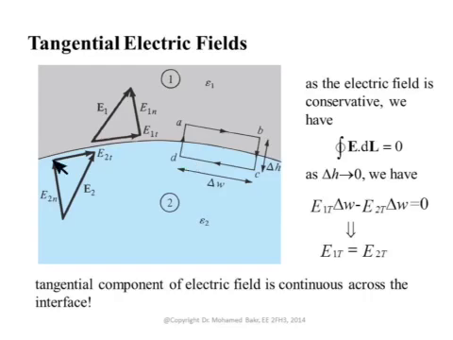But because of the assumed direction of E2 tangential, which is opposite to this dl, this product will give us a negative number. So this integral will be minus E2 tangential delta L. Now what about this integral here? It is in the first medium, and because this line is tangential to the boundary, we'll be multiplying E1 tangential, the tangential component of the electric field, by delta L.